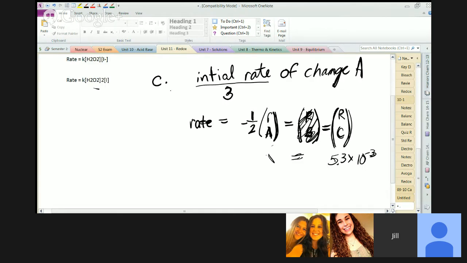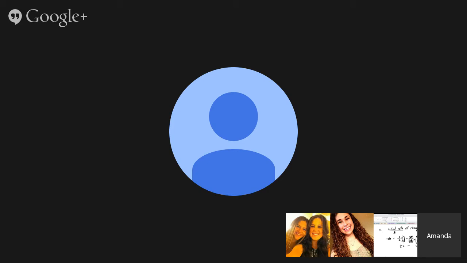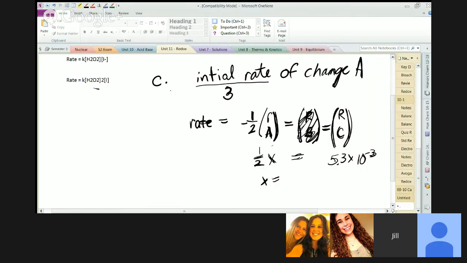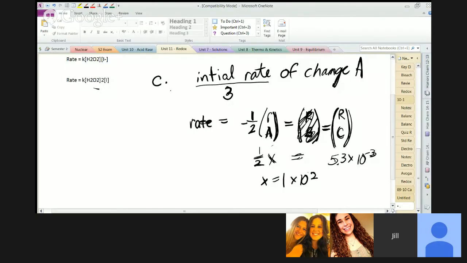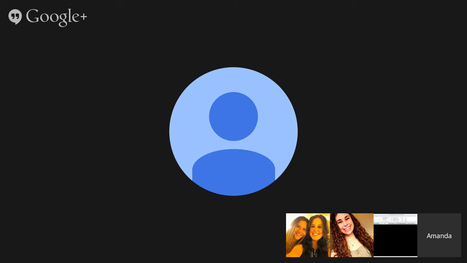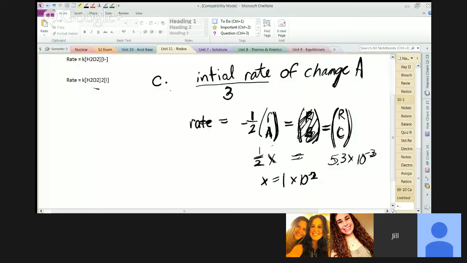So basically you could just say half of X is 5.3 times 10 to the negative third. It could be like 1 times 10 to the negative 2. Does that make sense?